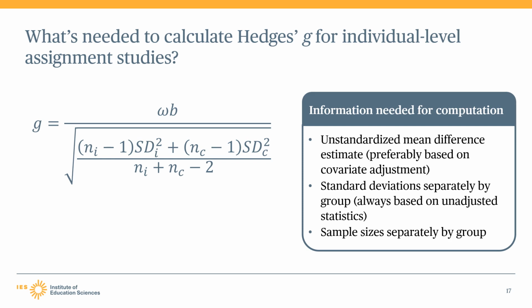First, reviewers will need some estimate for B, which is the unstandardized mean difference estimate for the intervention and comparison groups. This simply could be the difference between the two groups at post-test for some group designs. However, for this unstandardized mean difference, the WWC always prefers covariate-adjusted estimates that control for baseline differences.